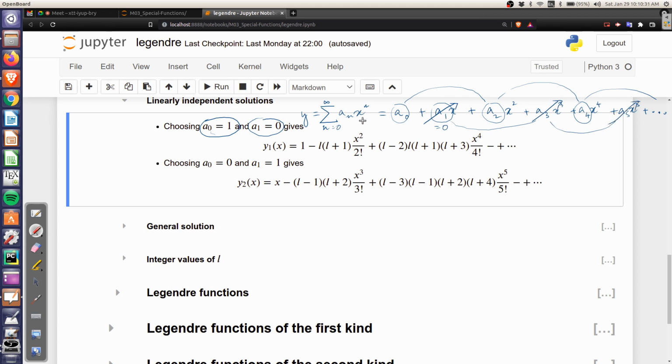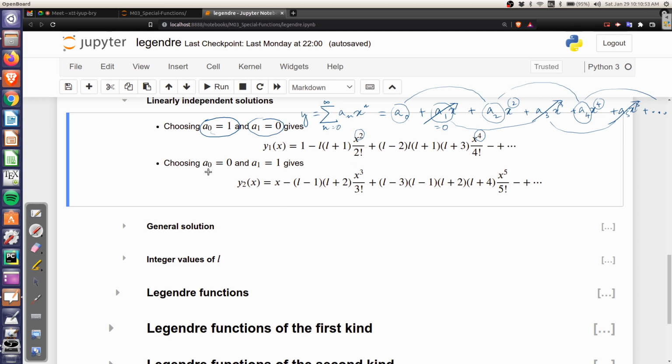So as a result, when a0 is 1 and a1 is 0, we will have only even powers: x square, x to the power 4, x to the power 6, and so on. The series is going to contain only even powers. Is that clear, everyone?